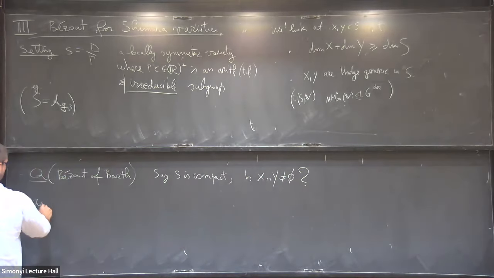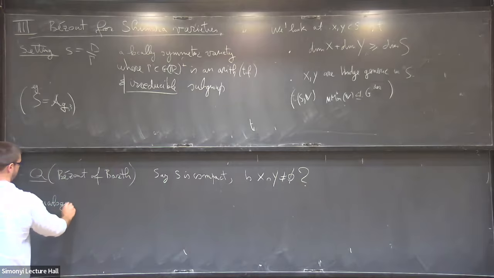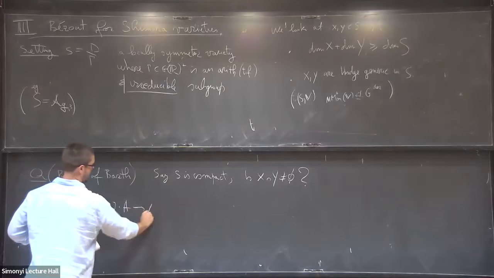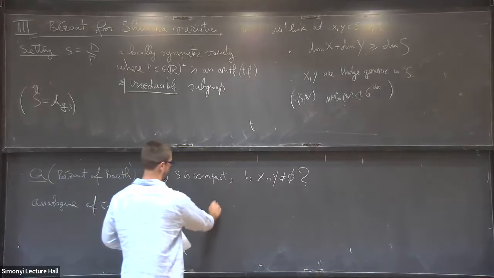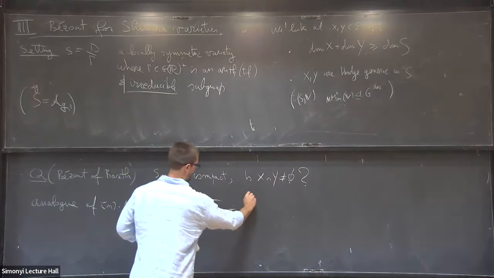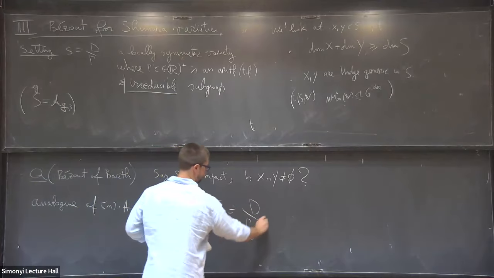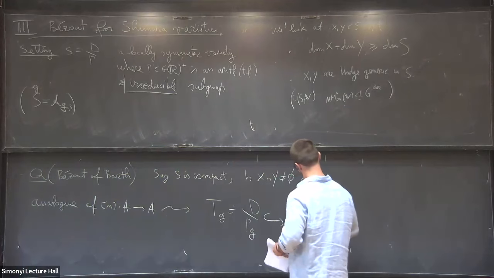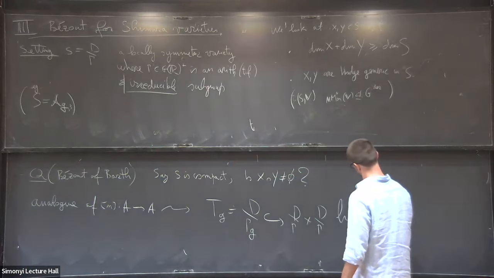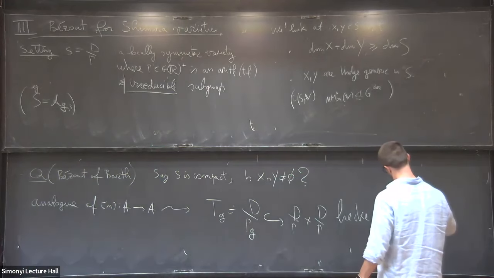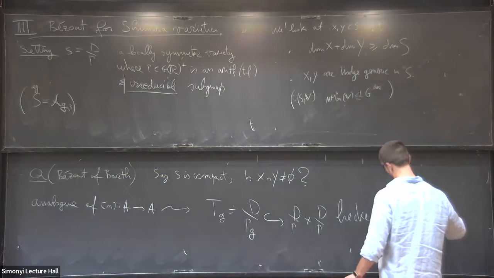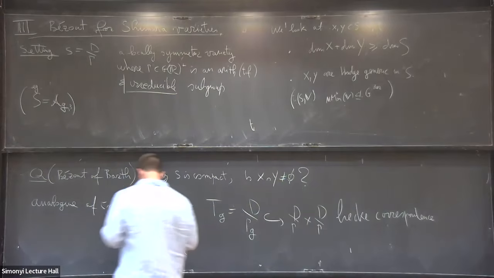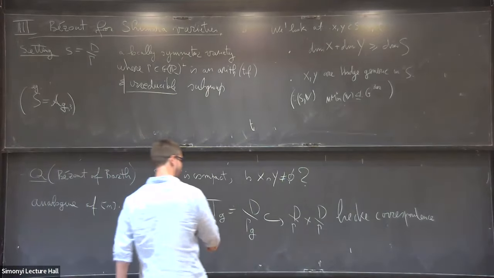So the analog of the multiplication by n from A to A in this setting is now an Hecke correspondence. And in a moment, we will see that there's also some equidistribution here as well. And what's G here?